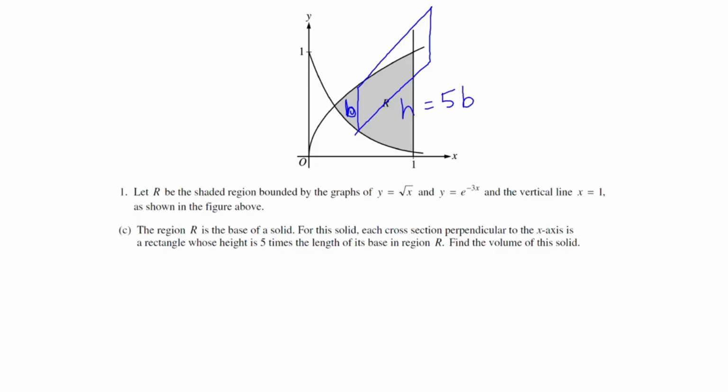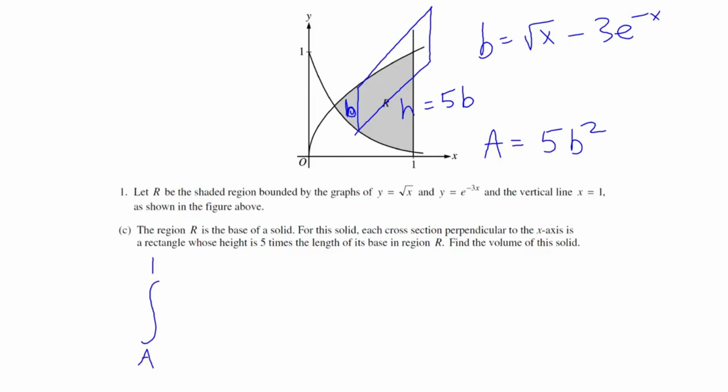So the area of each of those cross sections is just b times 5b, or 5b squared, where b is just the distance across that region, right? b is just the upper function minus the lower function. And so all we have to do is sum together the infinite number of those little cross sections across a to 1. So it'll be the integral of 5 times root x minus 3e to the negative x, squared, dx.